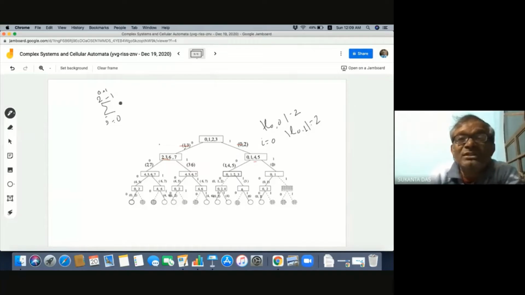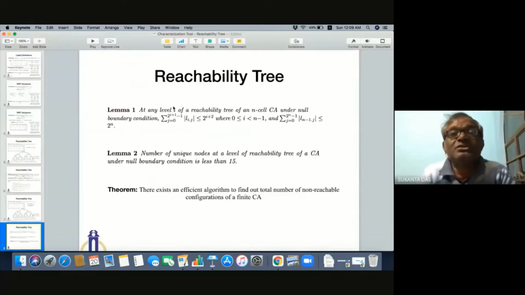This is actually 2 plus 2, which is 4. It is said that it is to be less than or equal to 0 plus 2. Yes, it's true.